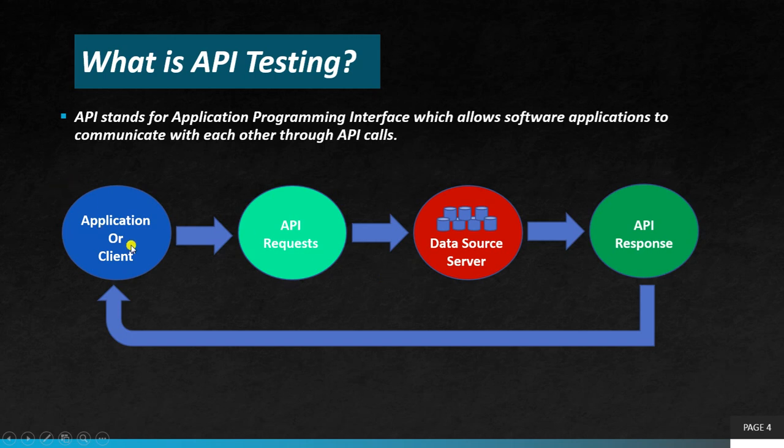An application or client that needs more information sends an API request. Then the API request goes to the data source server. Now the data source server verifies or checks the request, collects the appropriate data and sends it back to the application or client. So this is the process of API calls.